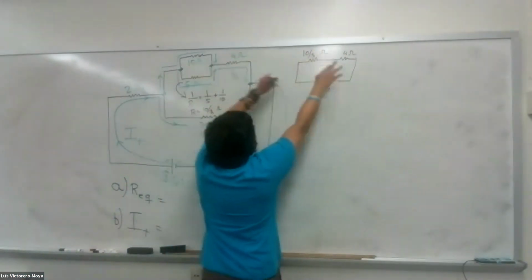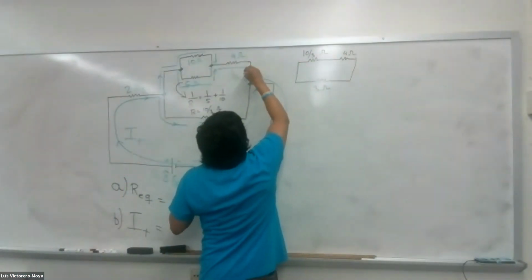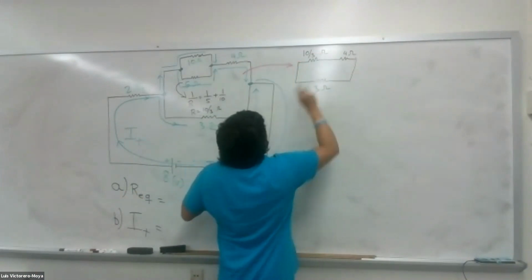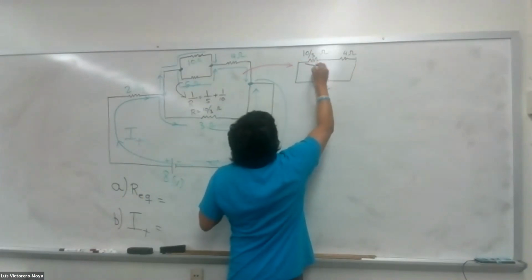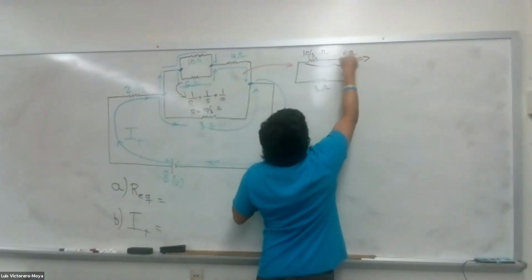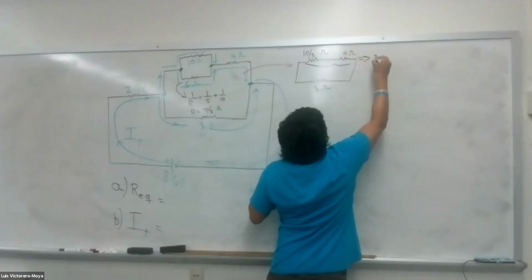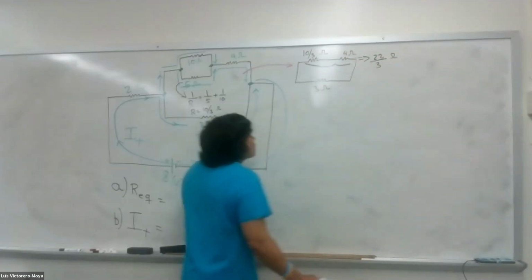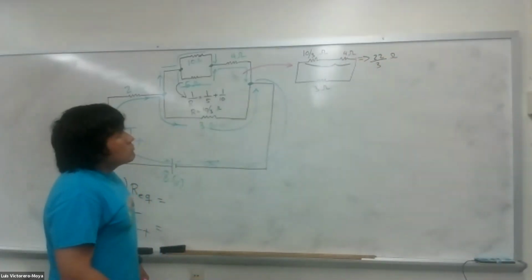So all this was converted to this. Now, 10 over 3 plus 4, these are in series. If you add them together, you will get 22 over 3 ohms, if you do the series combination.